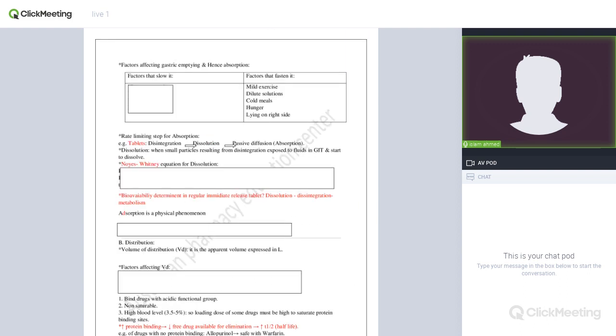Okay. Now, there is another factor that affects absorption, which is gastric emptying. What is the meaning of gastric emptying? It means the time required for the drug to go through the gastric system, or the stomach.